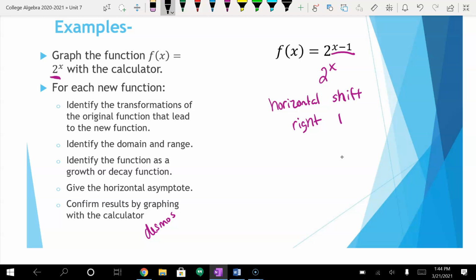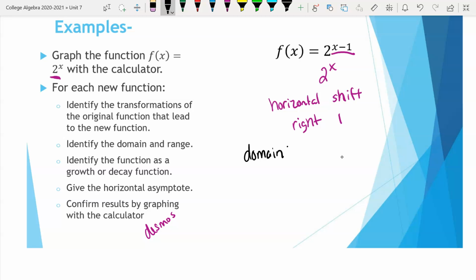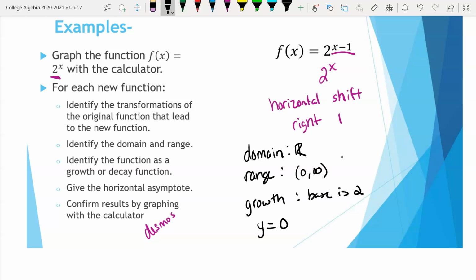Your domain is not going to change. It's still going to be all real numbers. Your range, just because I move it right, doesn't change the range, so it's still going to be 0 to infinity. This is a growth problem because look at your base. My base is 2. The horizontal asymptote is still 0. The horizontal asymptote only changes if I move it up or down.